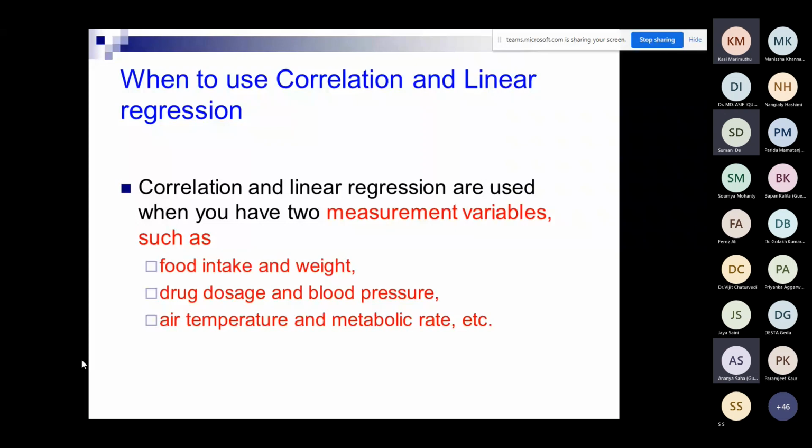Temperature increases the metabolic rate of an animal. Is there any relationship? Can we predict at what temperature how the metabolic rate will be? At 30 degrees Celsius, how will the metabolic rate be? Another example: if I spend this much money on advertisement for my company, how much sales can I anticipate, I can predict. Is that okay? In this kind of scenario, you can go for linear regression.